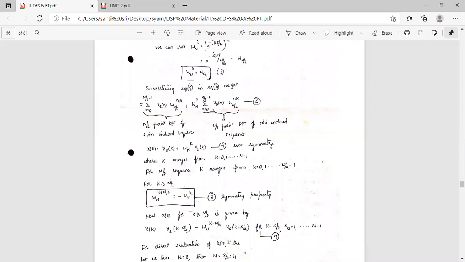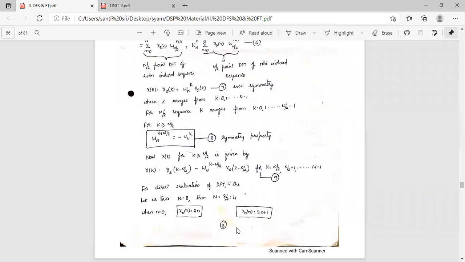So for direct evaluation of DFT, let us take N is 8, then N/2 is 8 by 2, that is 4. So when n equal to 0, then x_e(n) is x(2n) and x_o(n) is x(2n+1), right?